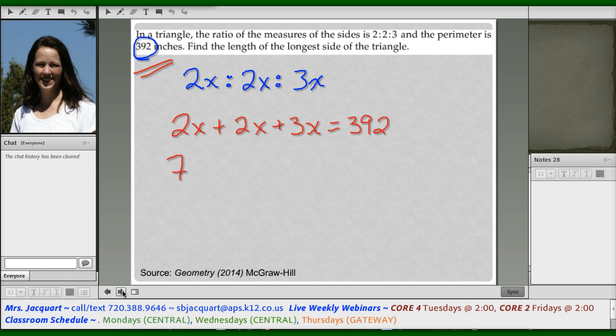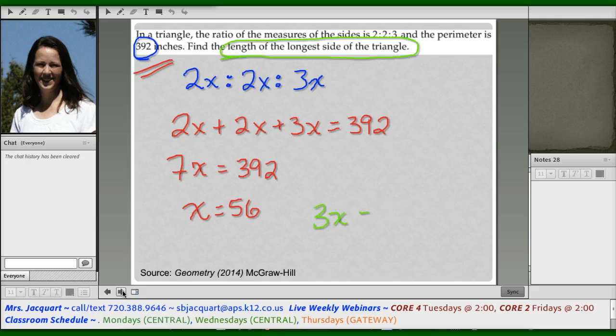So 7x equals 392. X equals 56. And then we go and we read, what do we want to find out? What's the longest side? So we're going to take 3 times x equals 168. So that's your longest side.